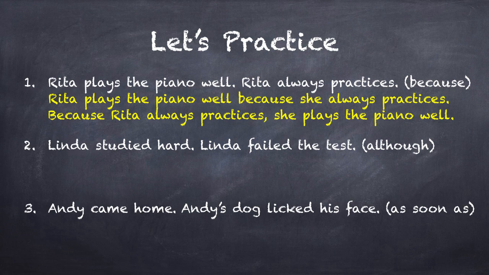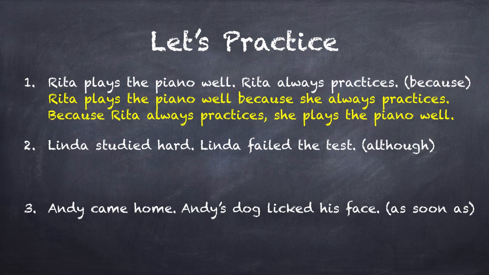Notice that in the first sentence, I have the independent clause first, so I don't have a comma. But in the second sentence, I have the dependent clause first, so I do use a comma. Also, notice that in the second clause, I use the pronoun she so that I don't repeat the same noun.